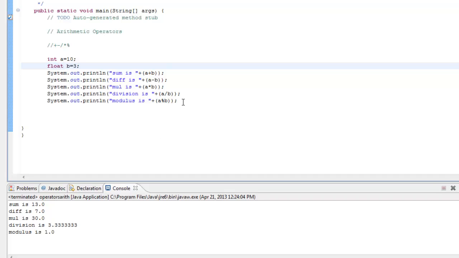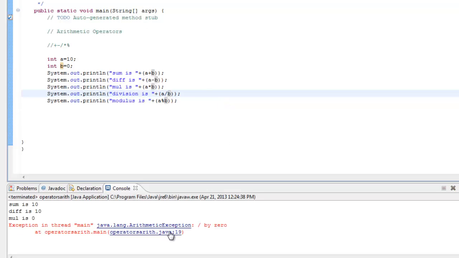Now another point to remember here is that in case we have an int and we have a division as a divided by b, where the denominator goes to 0, in integer division we will have an error, which is divide by 0, arithmetic exception.